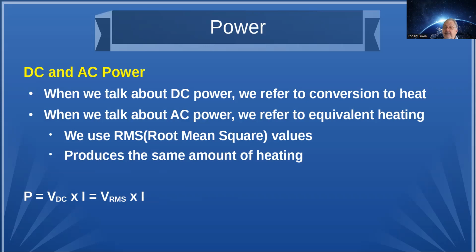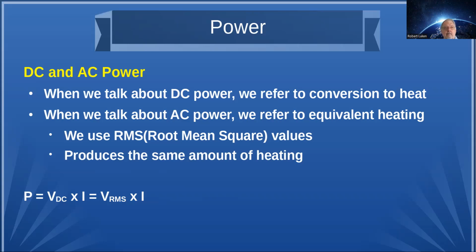When we talk about AC power, we refer to the equivalent heating of DC, because with alternating current, like I said, the current alternates and the voltage is typically sinusoidal.